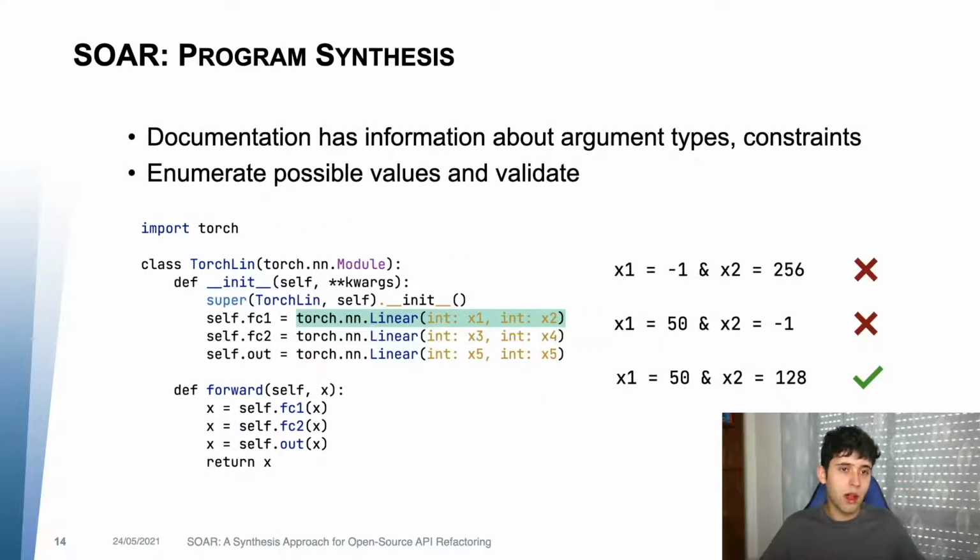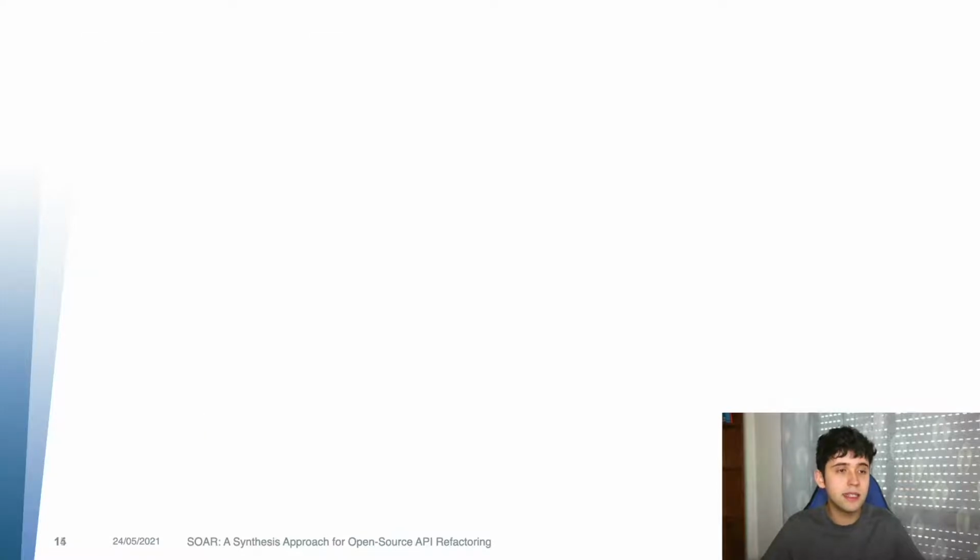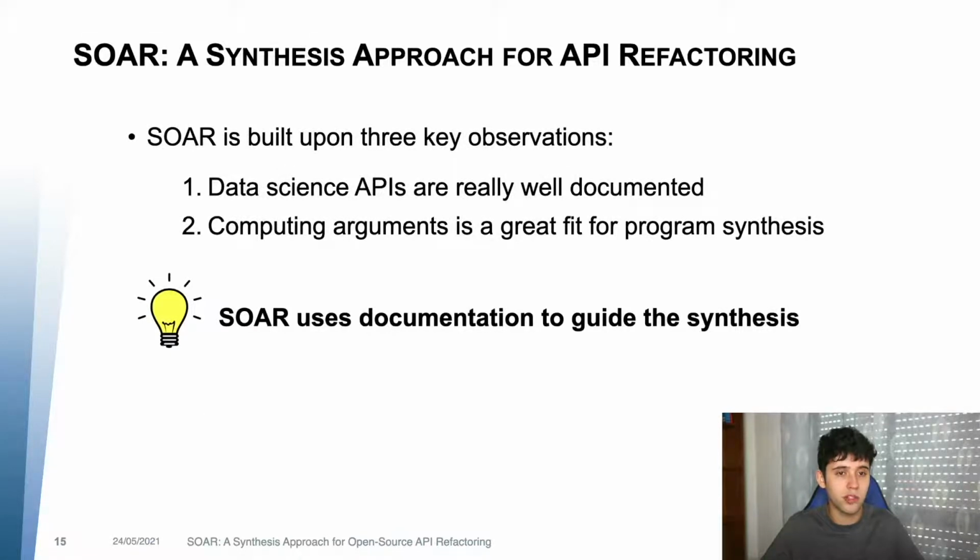For example, for the first API here, SOAR would generate possible values for both x1 and x2, and then test them using per API tests that we generate automatically from the originally provided user test cases. This is all possible because SOAR leverages the documentation information also for the synthesis process.